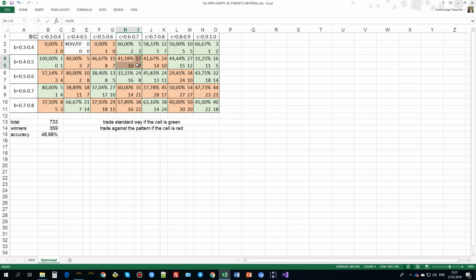This one, 50%, should be red, because it will turn into a losing pattern if you include commissions and spread. You have negative expectancy. These ones are red. Okay, this one above 50% should be green. Yes. This 38, 33, 40 and 43, they all should be red.